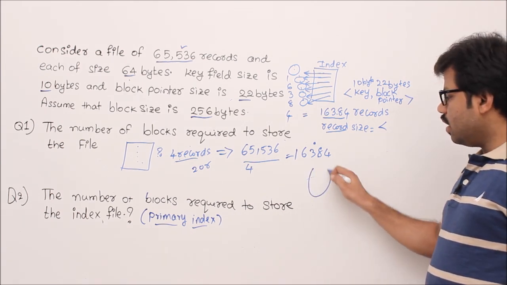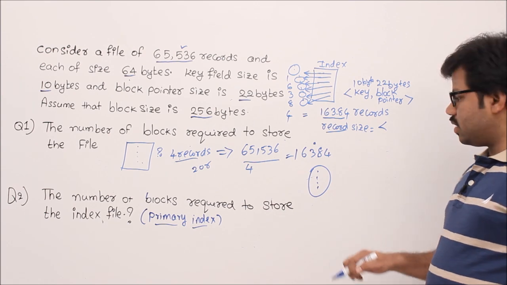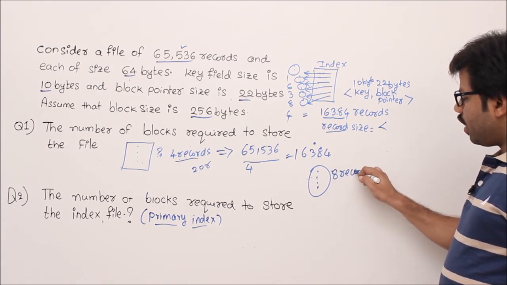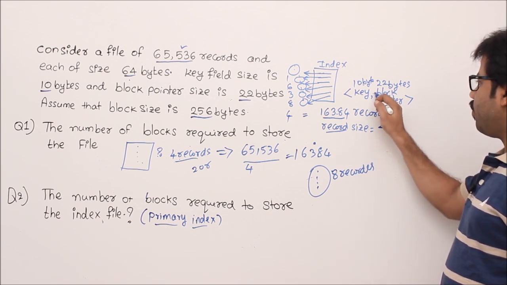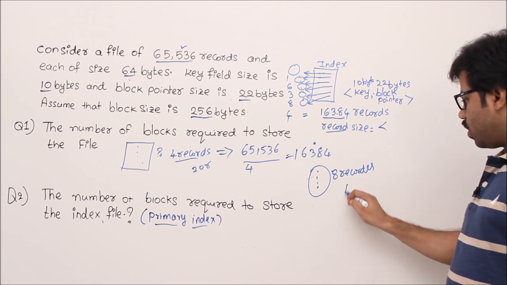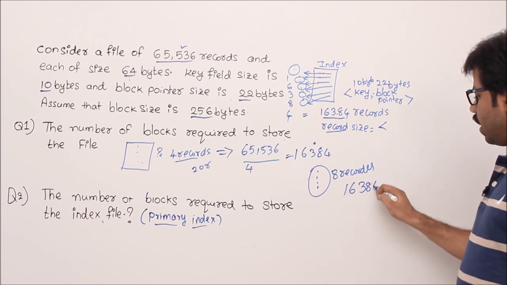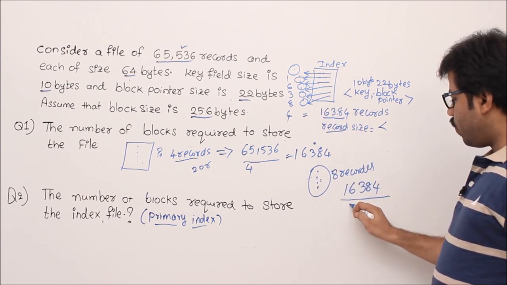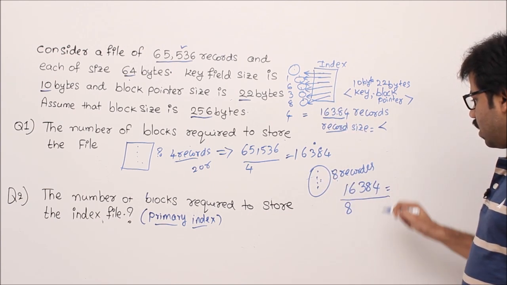You realize the capacity of one block is just 8 records, right? Remember it. But how many records do we have in our index file? 16,384 records. Same story. You have 16,384 records in the file, and your block capacity is 8 records. Then how many blocks do you want?